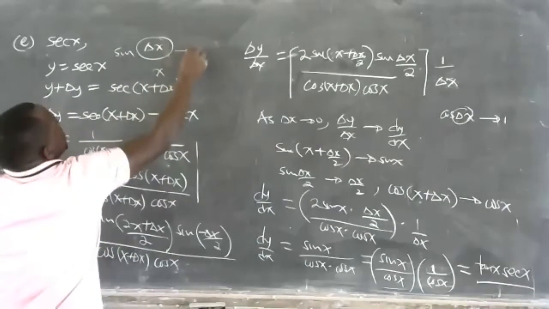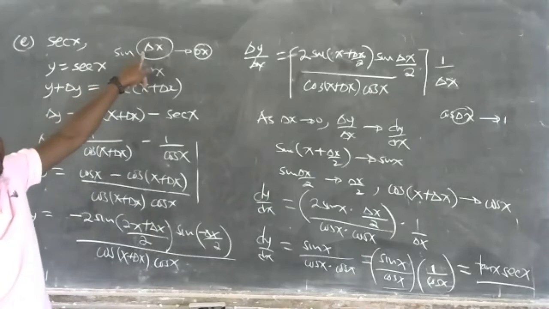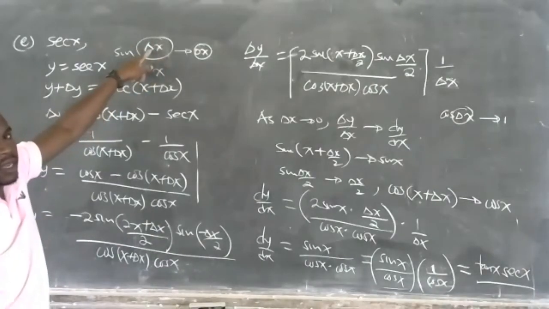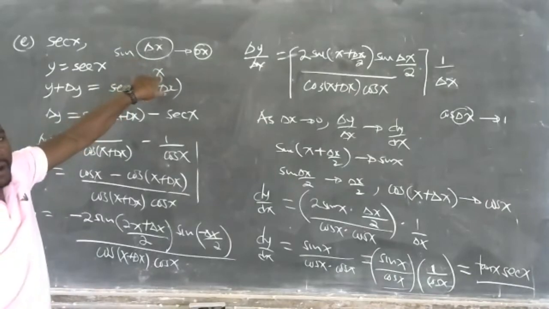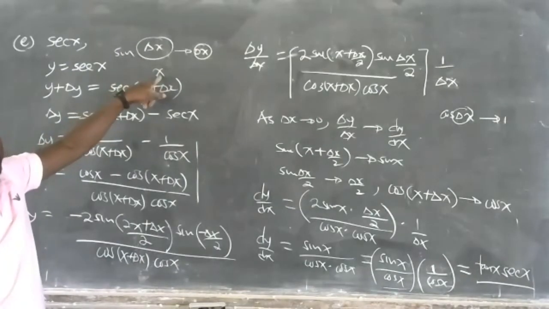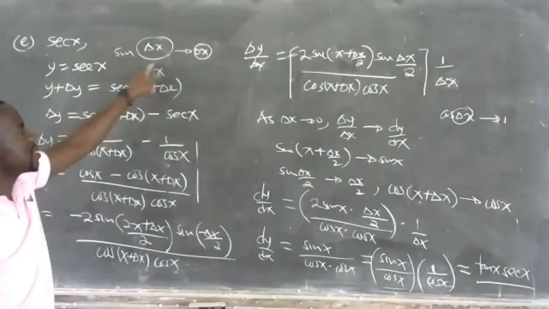What tends to change? The same angle, right? Not x. This one is measured in what? In radians. This is a very small angle, the small increment. No, this is a very big angle, x. Only the change in x, which is tending to this, not x. Are you following?